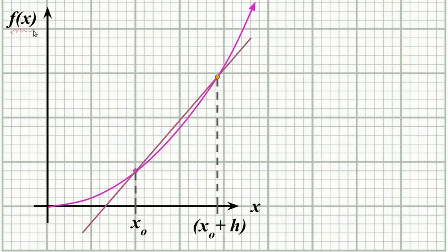So my initial value for that function is going to be the function evaluated at x0, and then I have the function evaluated at x0 plus h. So the slope we're looking for is the slope of this triangle here, the rise over run. And we want to know what that slope will be when we make the triangle very tiny, when we shrink it down. So we can make a definition.